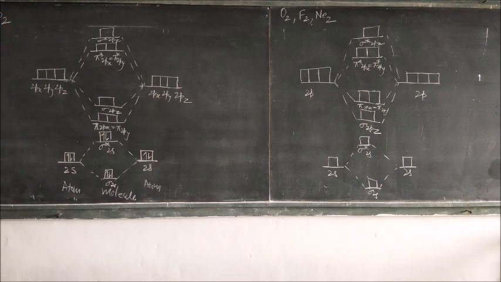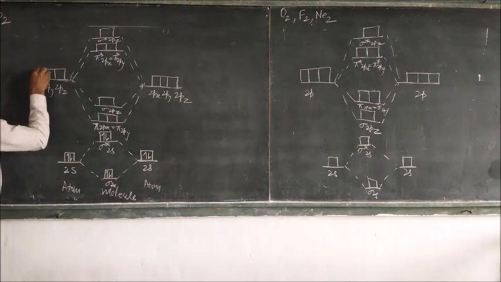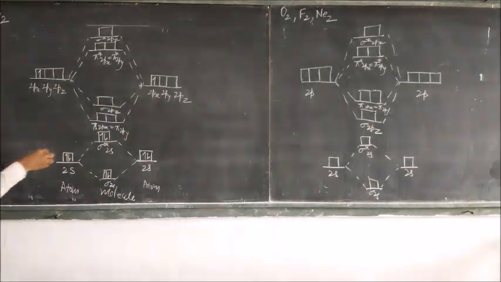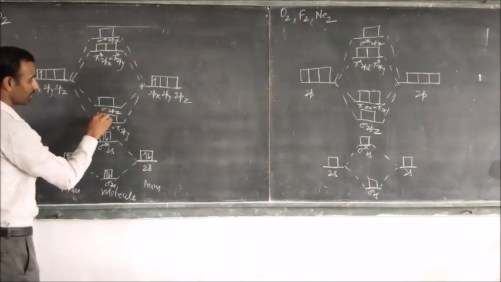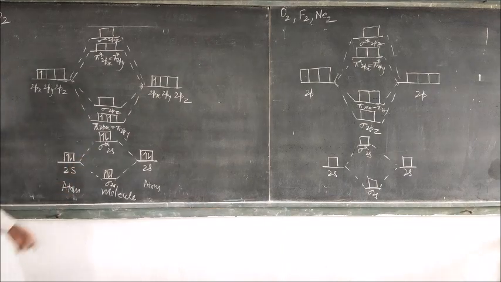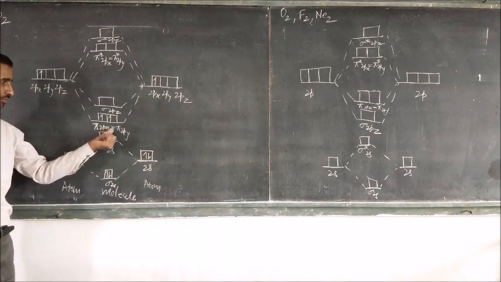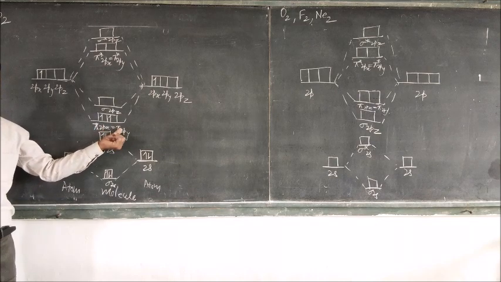Boron. So boron is 1s2, 2s2, 2p1. So it is 2s2 and 2p1 for boron. That means it becomes like this, because pi 2px and pi 2py have the same energy.